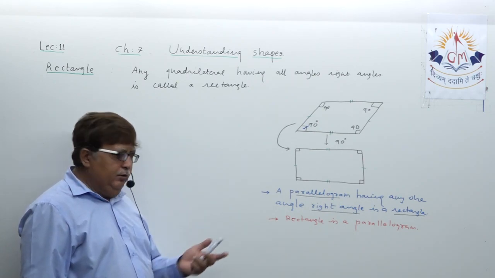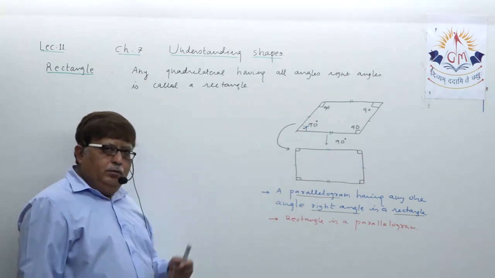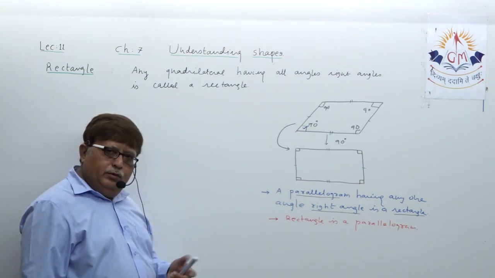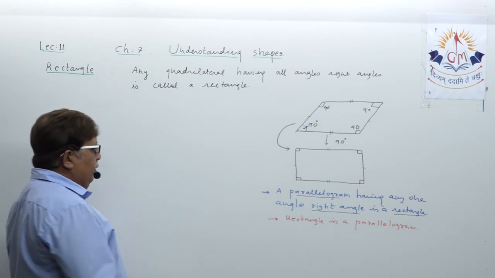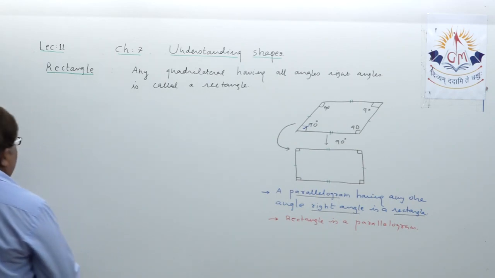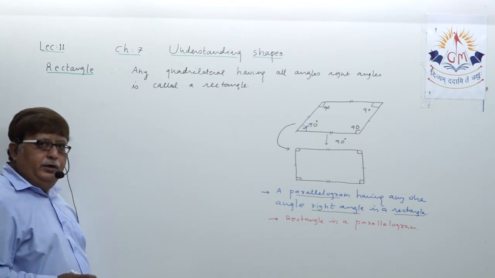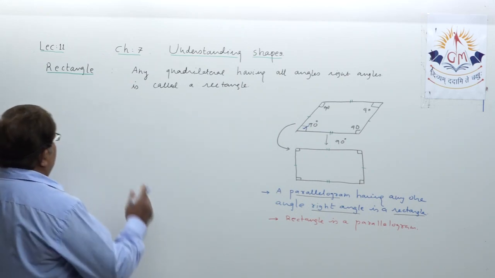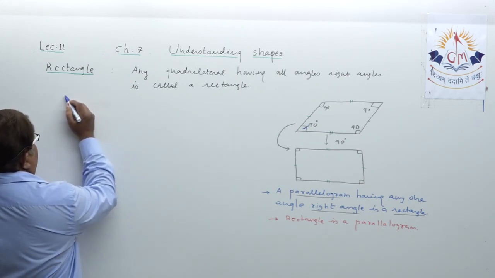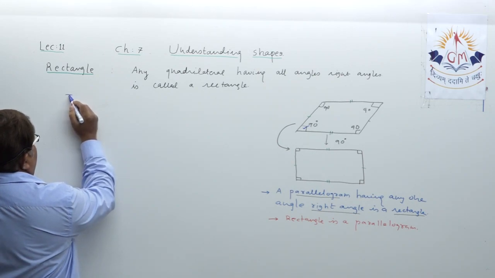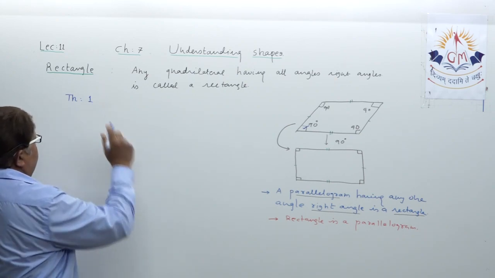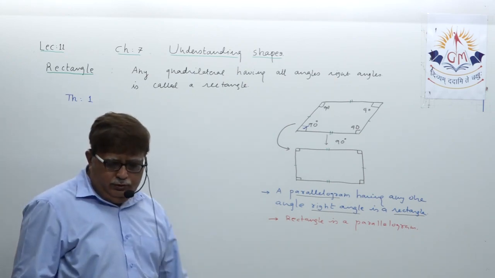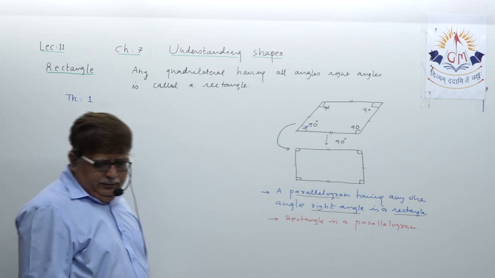A rectangle is a parallelogram because it has both pairs of opposite sides parallel. Understood? Now, regarding rectangle, we have to prove one theorem, okay? Let us write the statement of that theorem. Only one theorem. What you have to prove?